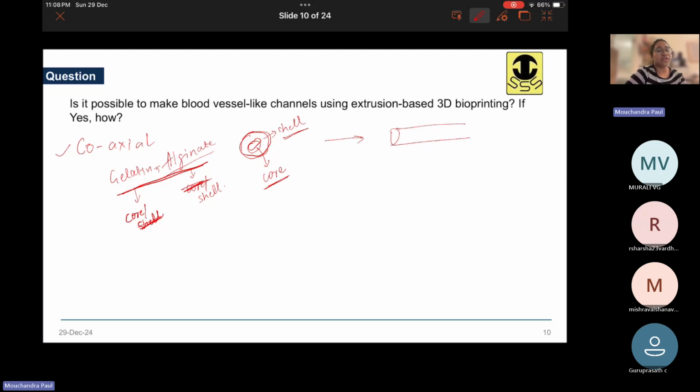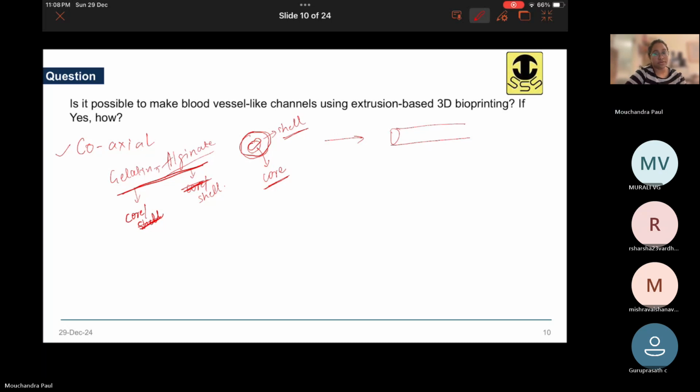You are going to supply calcium ions in the core. So the core will have both gelatin and calcium chloride solution. And when alginate is flown in the presence of this core material, it will get cross-linked.